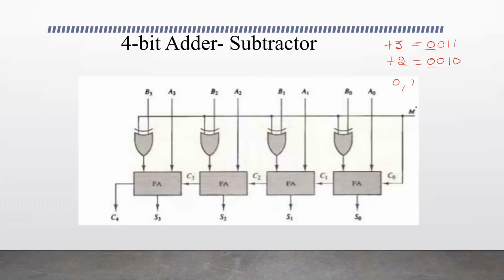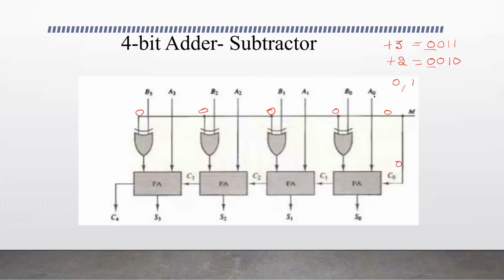The value of M is 0, and that decides the operation. If the value of M is 0, the operation to be performed is addition. So here all the values of M would be 0.